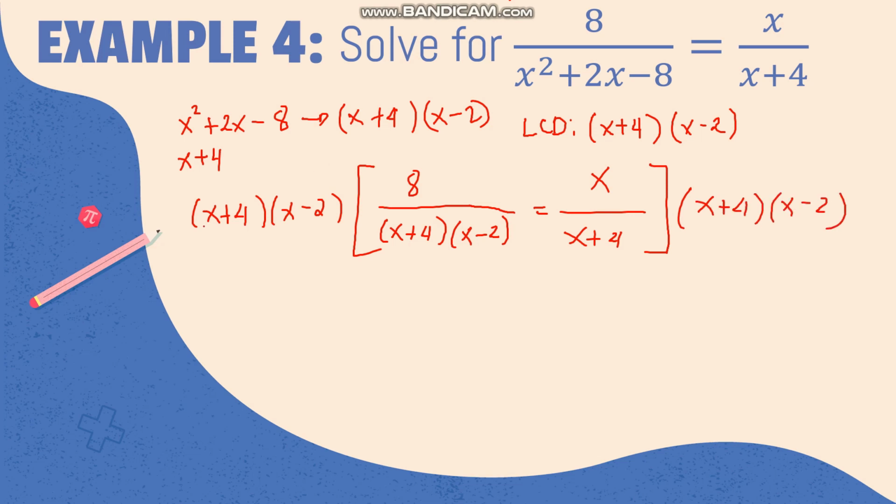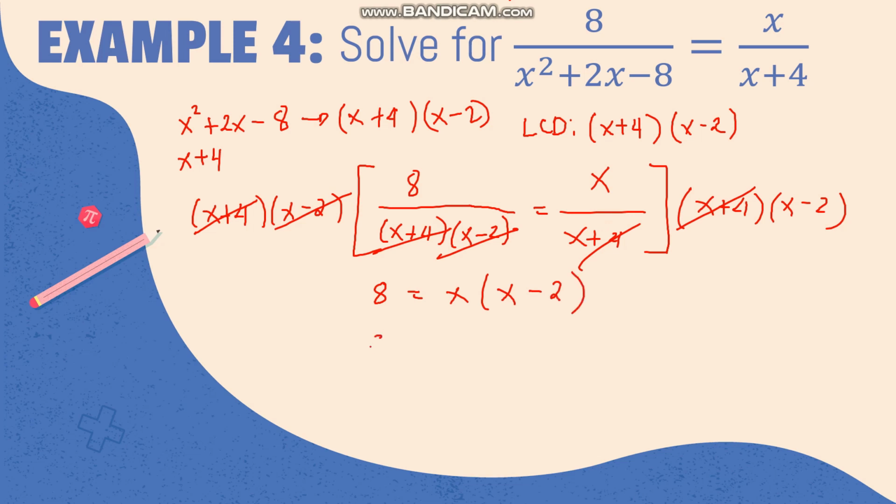So again, cancel out. x plus 4 is cancelled, as well as x minus 2. So we're just left with 8. On the other side, we can cancel out x plus 4 and we will just be left with x minus 2. And you have to multiply it to x. x times x minus 2.